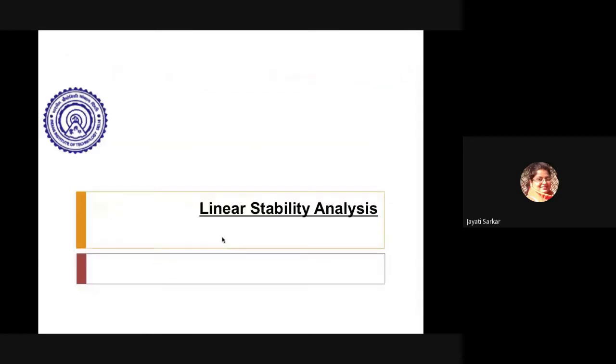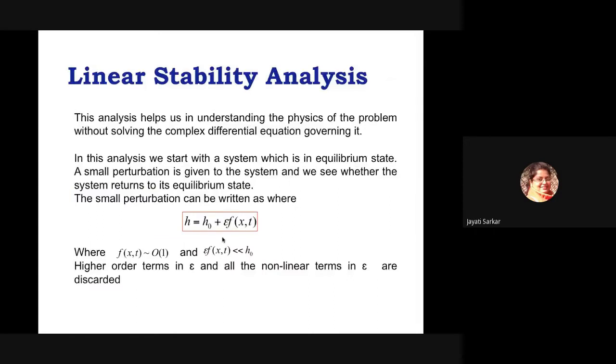So before telling you how it is solved and what the actual profile is, scientists mainly do what is known as a linear stability analysis. It is definitely not an entire analysis, but it gives you a glimpse of how the thickness is evolving in space and time, right?